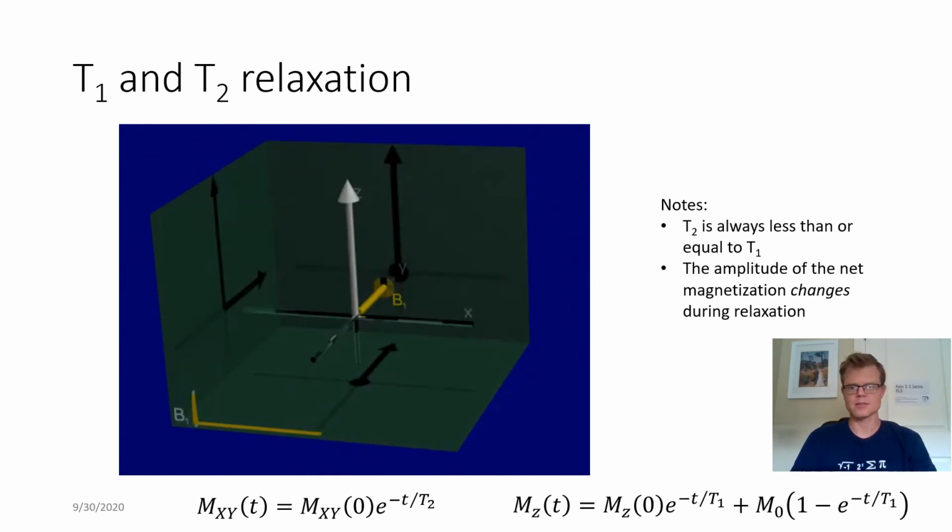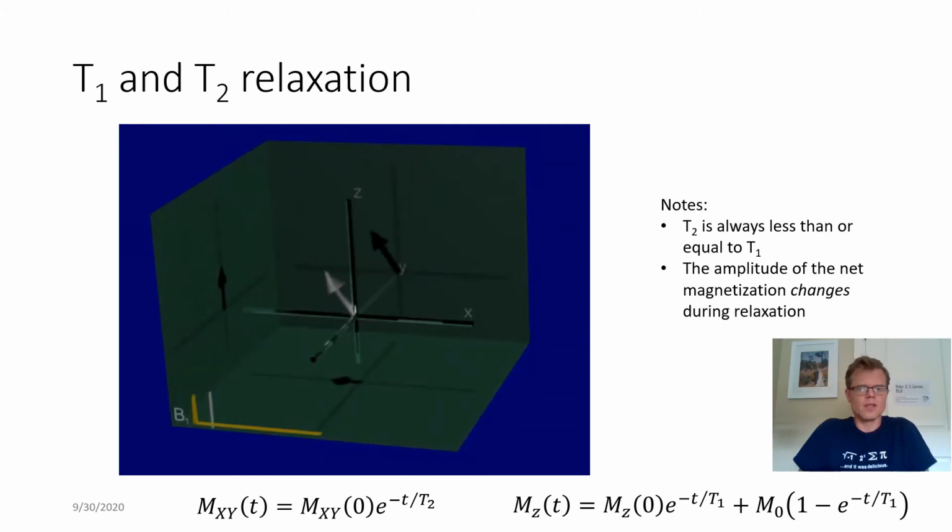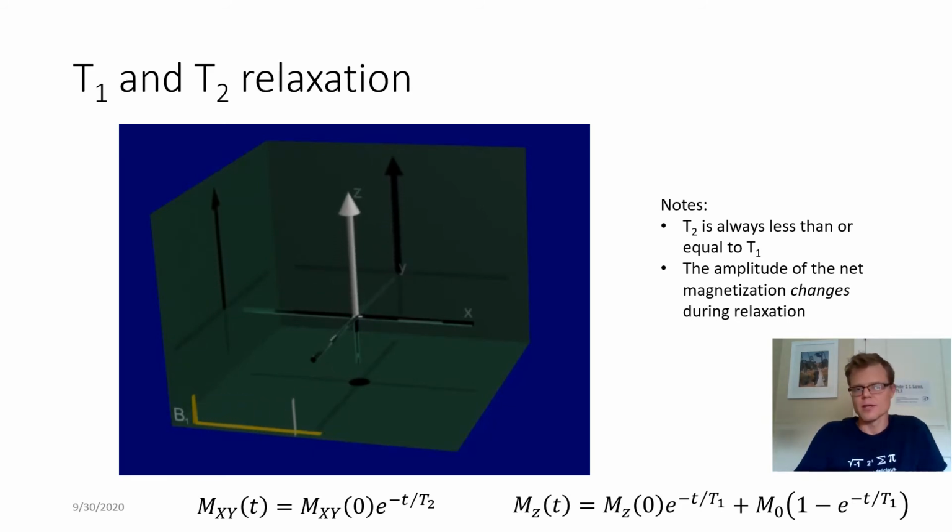Okay, as promised, we're going to combine T1 and T2 relaxation here. And so now what happens is I put a little RF pulse in there to tip. It's so fast that you can hardly see it, but it's tipping the net magnetization away from the z-axis. And we're at equilibrium along the z-axis.